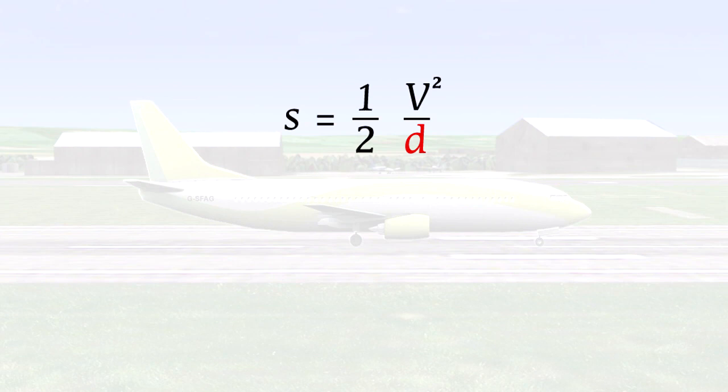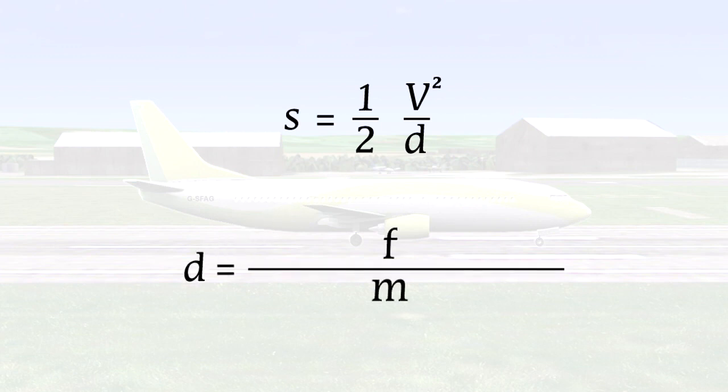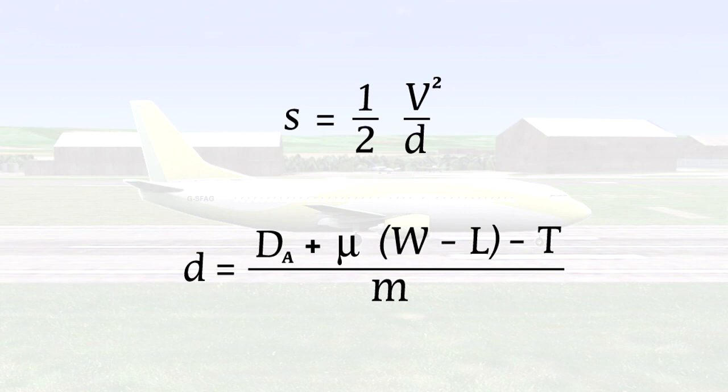Deceleration is force divided by mass. The force is aerodynamic drag plus the braking coefficient, which is a function of wheel load, minus thrust, or in the case of reverse thrust, plus thrust.